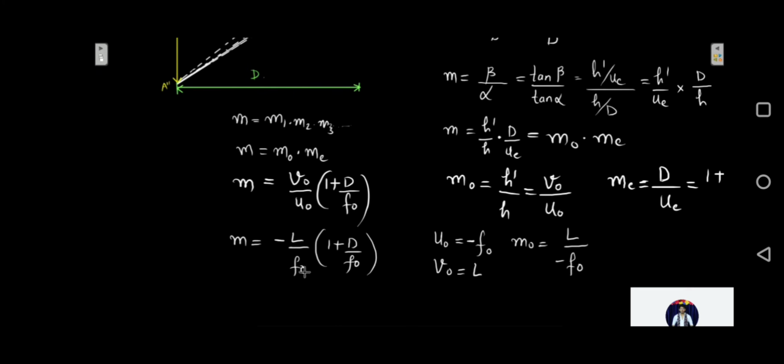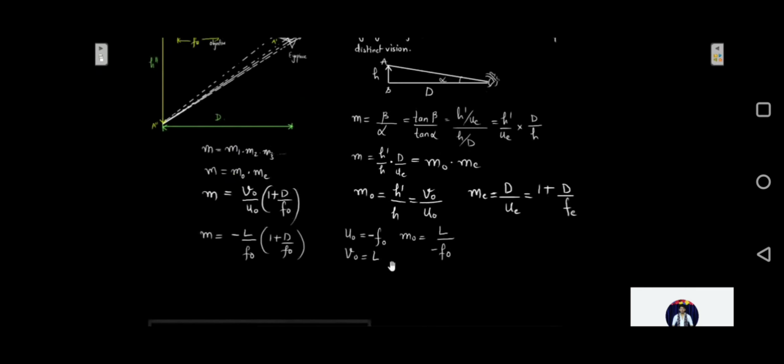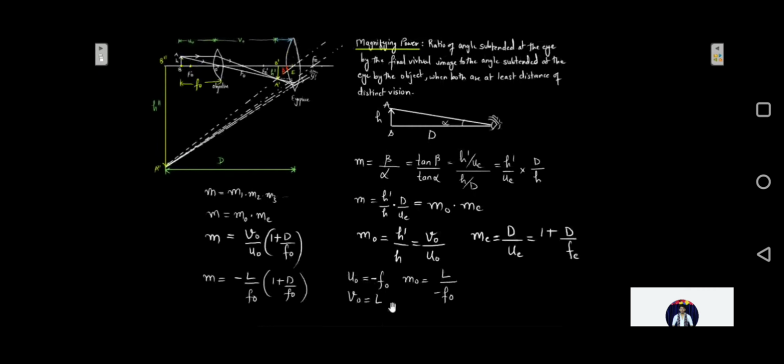So I just eliminated the terms v naught and u naught, that is image distance and object distance for the objective. Okay, so this is going to be the magnification formula for the final image that is formed at the least distance of distinct vision. So this is it, this is the final formula.